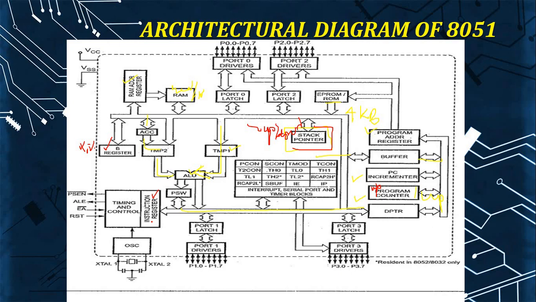If I get conditional instructions, it will put all the conditional instructions in one unit. Similarly, if I am separating people by state, all Tamil Nadu people in one queue, all Andhra people in one queue, all Karnataka people in one queue. So similarly, this instruction register will segregate the instructions as per their requirement.